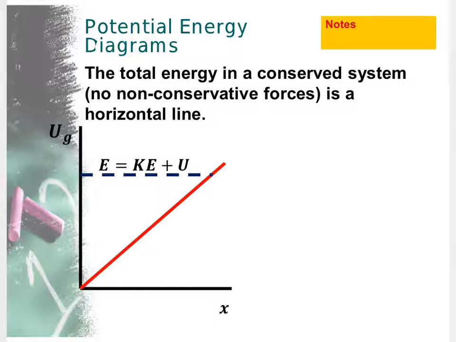So what's interesting about this is if I know that my object is at a certain displacement right here, x, I can automatically see that if it has this total energy up here, the kinetic energy has to be the difference between this line and that point right there. So I can automatically figure out that this amount is the kinetic energy, and this amount right here has to be potential energy. And I can get that just by looking at this diagram.